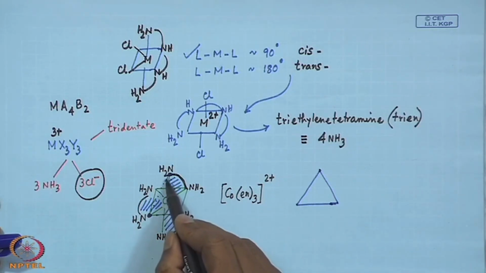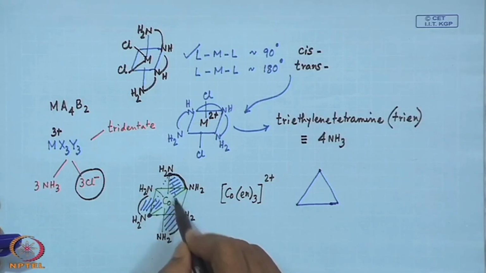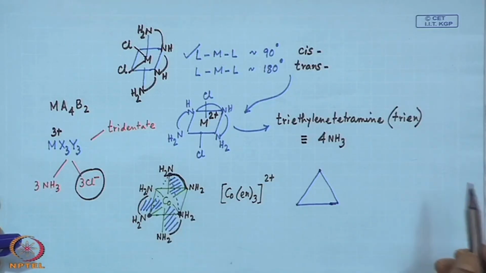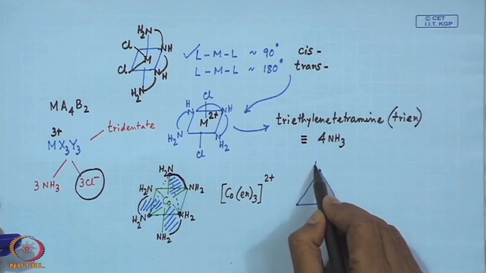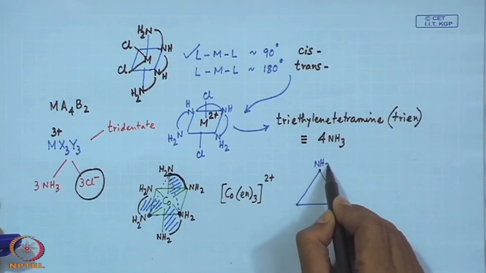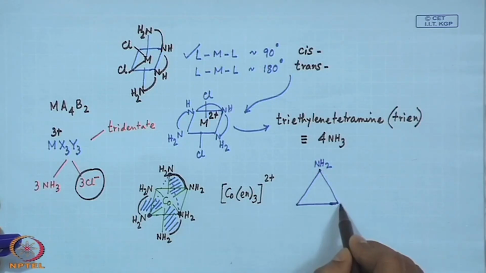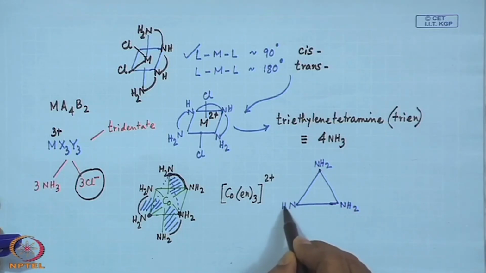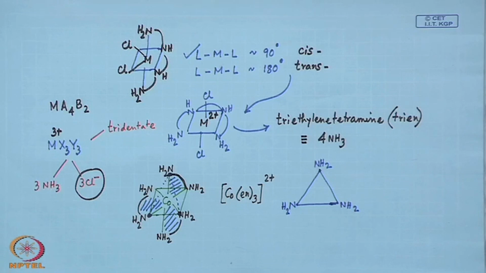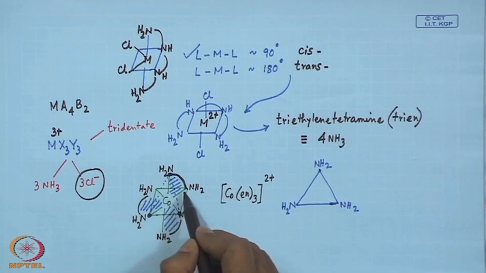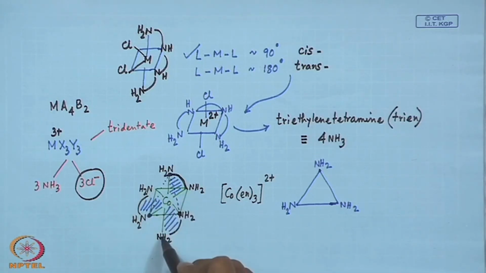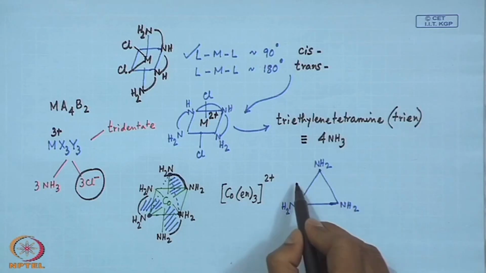So this is the top face. So we have this NH2, this NH2, and the other NH2 from there. Now we have the other face, that means this NH2, this NH2 and this NH2 from the other side.